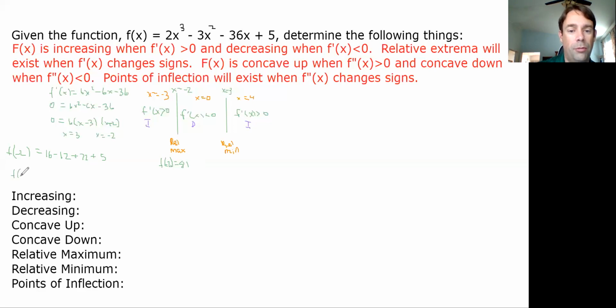And then I'm going to plug 3 in here. 54, 9 minus 27, 180, that would be 216, plus 5. So I got 27, I got 32, 186. Negative 184, I believe.